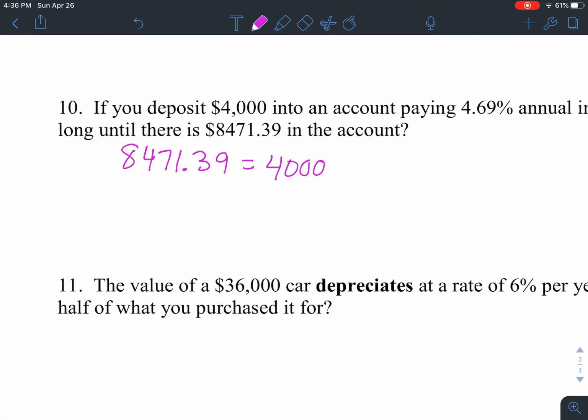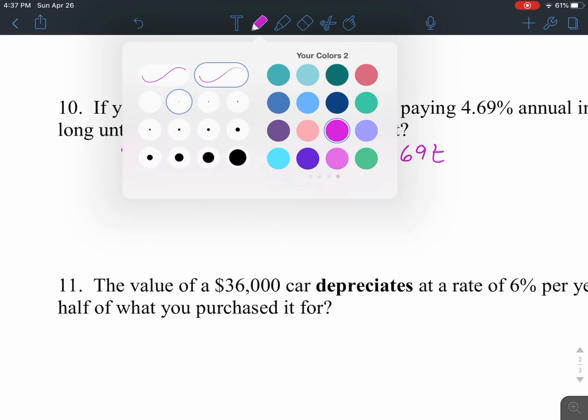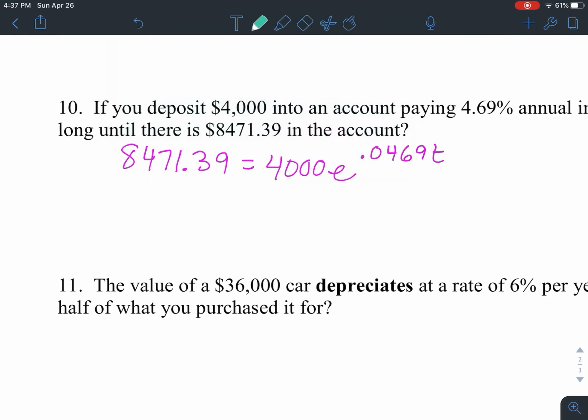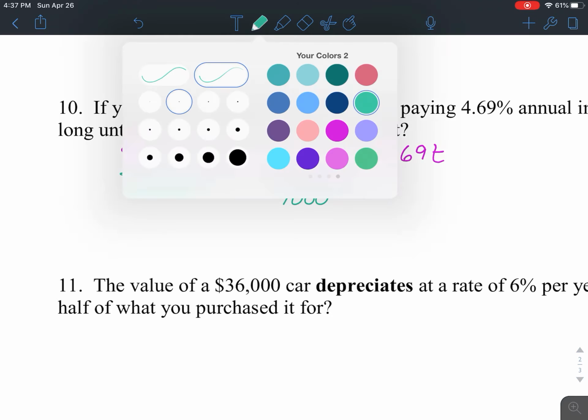I deposited $4,000 e to the RT, 0.0469t. We're going to be ln'ing both sides. We need to divide by $4,000.